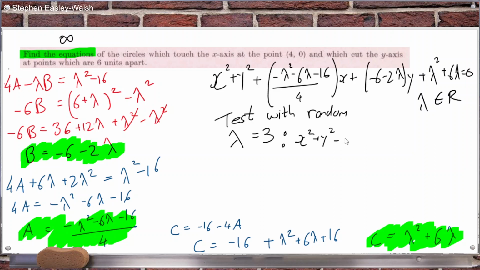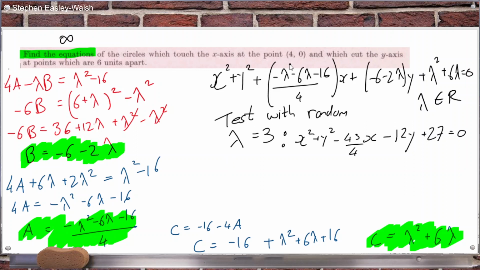All right, so that's minus 43 over 4 x plus minus 6 minus 6, so that's minus 12 y, plus 27 equals 0.